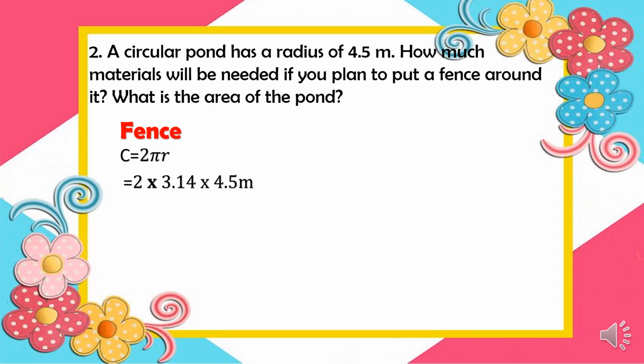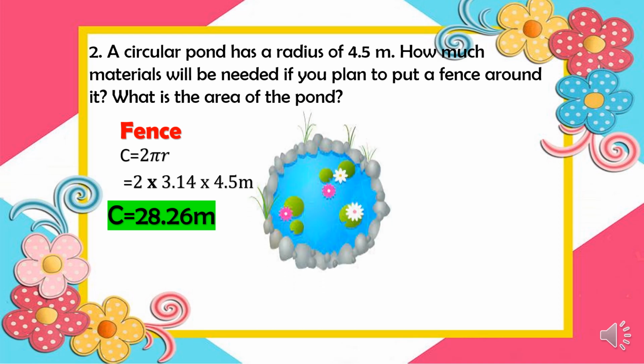When we substitute, 2 times 3.14 times the radius of the circular pond, which is 4.5 meters, the circumference of the circular pond is 28.26 meter.